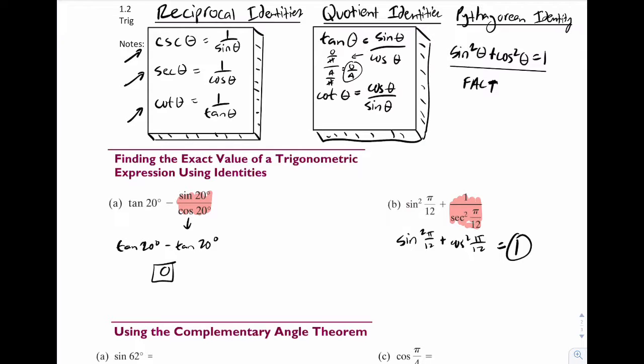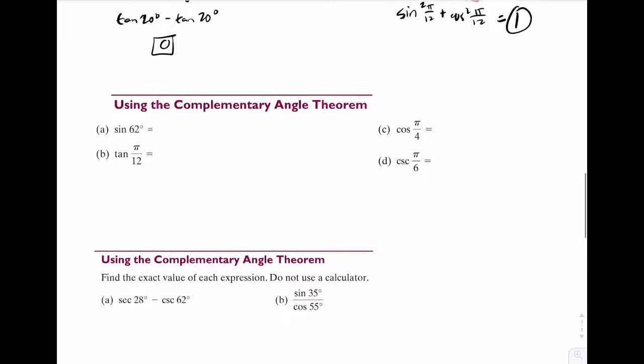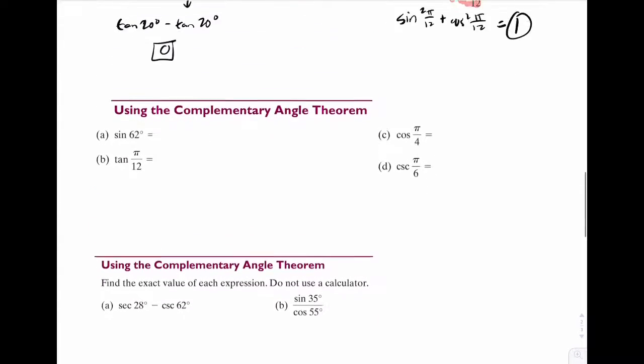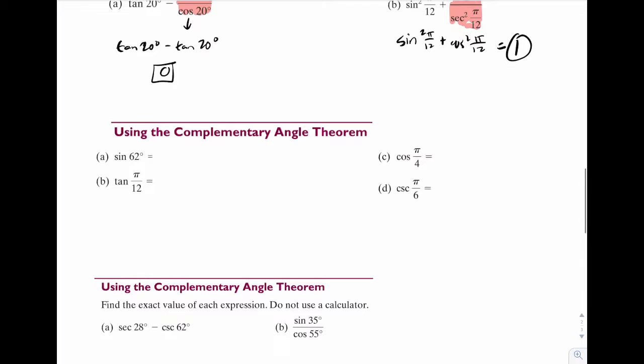Okay, moving on. Using the complementary angle theorem. So this one is actually one of the big SAT concepts. So we're going to write big SAT concept. What we're going to need is this. That sine of 90 minus theta is equal to cosine theta.